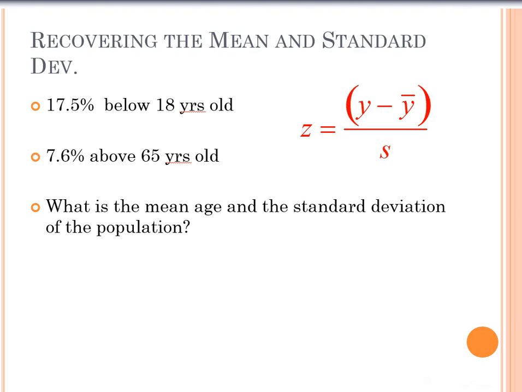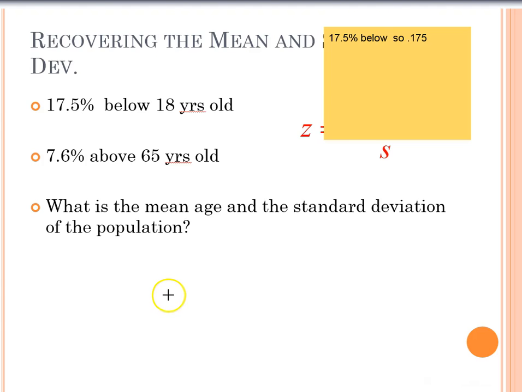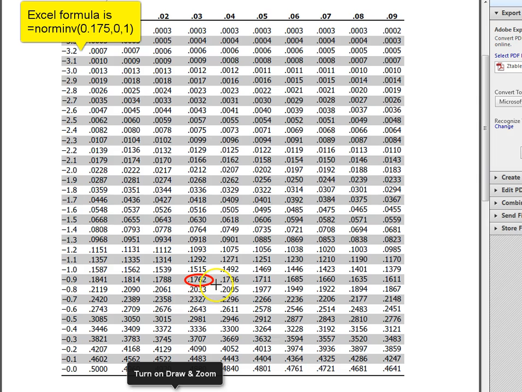And I'm going to find those using the z-table. So to start, let's find the z-score that's associated with this 17.5% below. And so we're looking for the value of 0.175. The number that's closest to 0.175 is 0.1762.